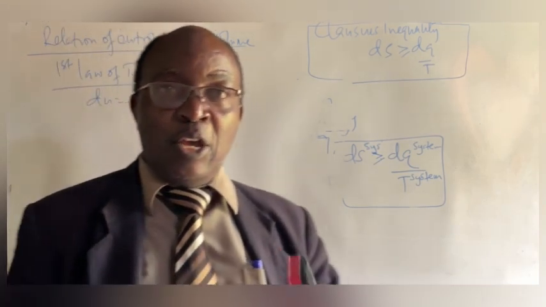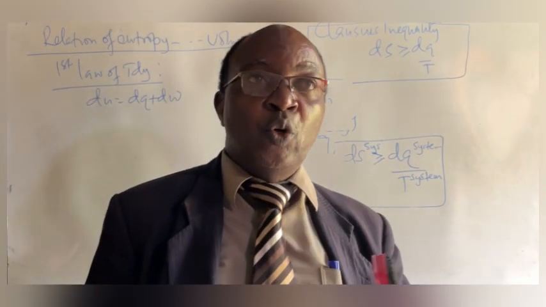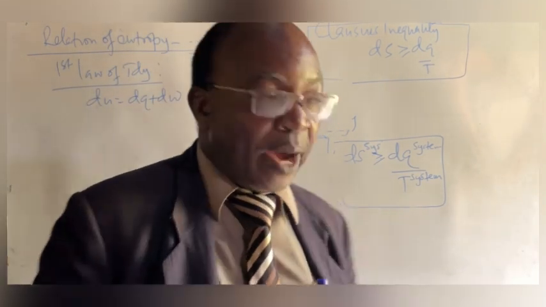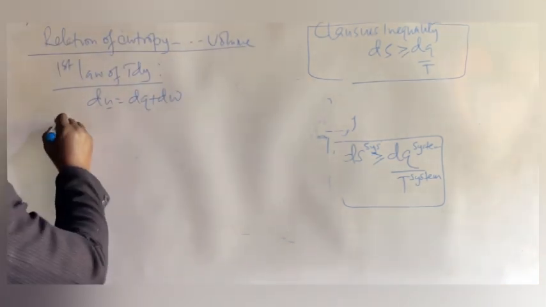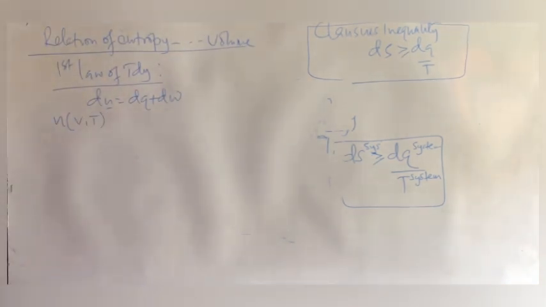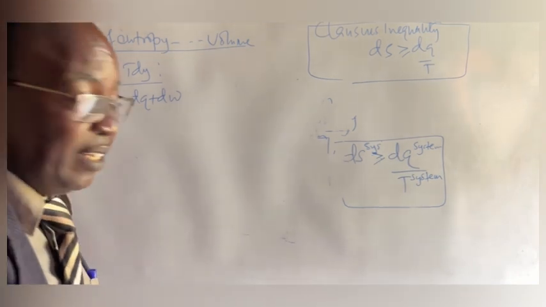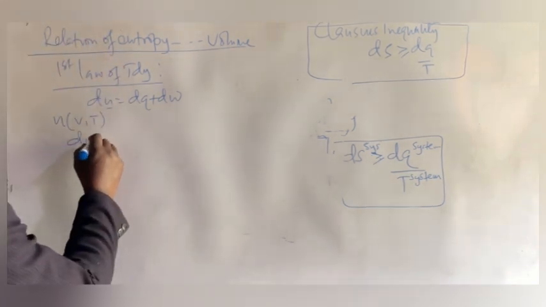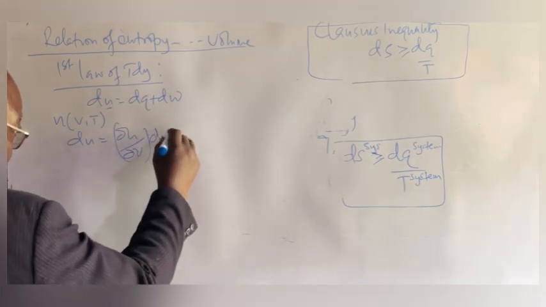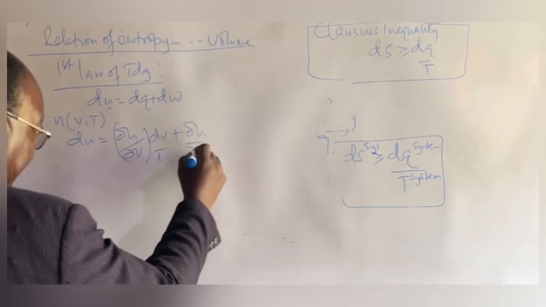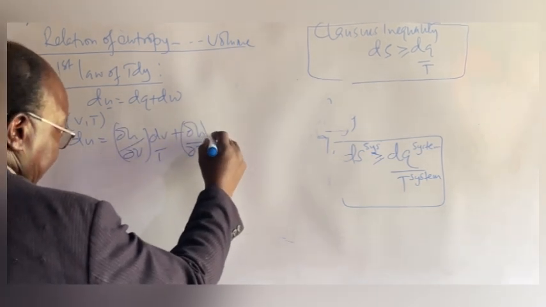And we saw this when we worked with Joule's experiment in one of the lectures, because remember, U was a state function. So if U is a function of volume and temperature, being a state function and an exact differential, it can be written as (∂U/∂V) at constant T dV plus (∂U/∂T) at constant V dT.